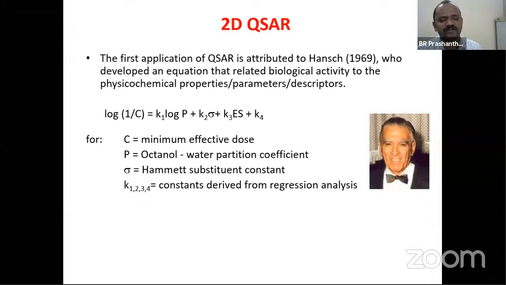Some simple techniques you can also adopt and design drugs. One such technique is the 2D technique like the Hansch technique. The Free-Wilson technique is even simpler. You can always design drugs like that.